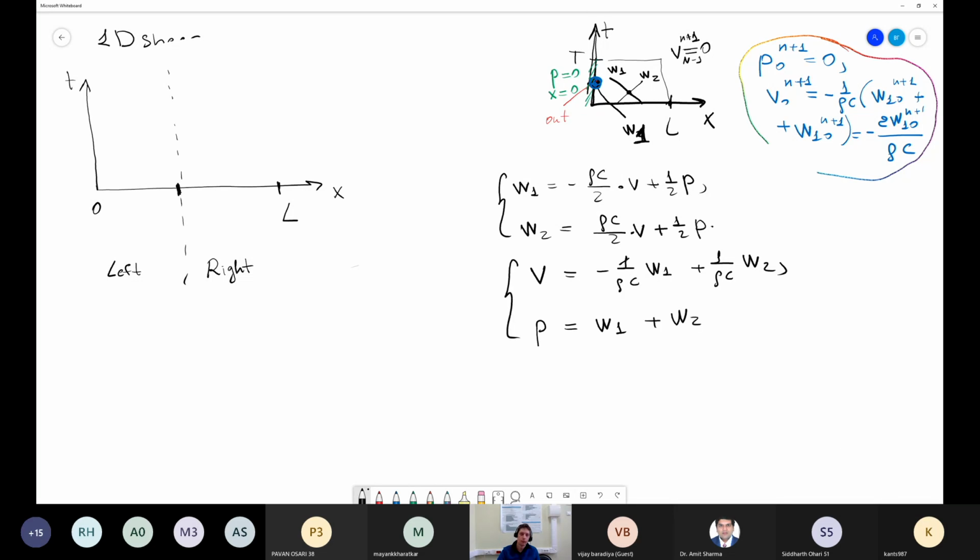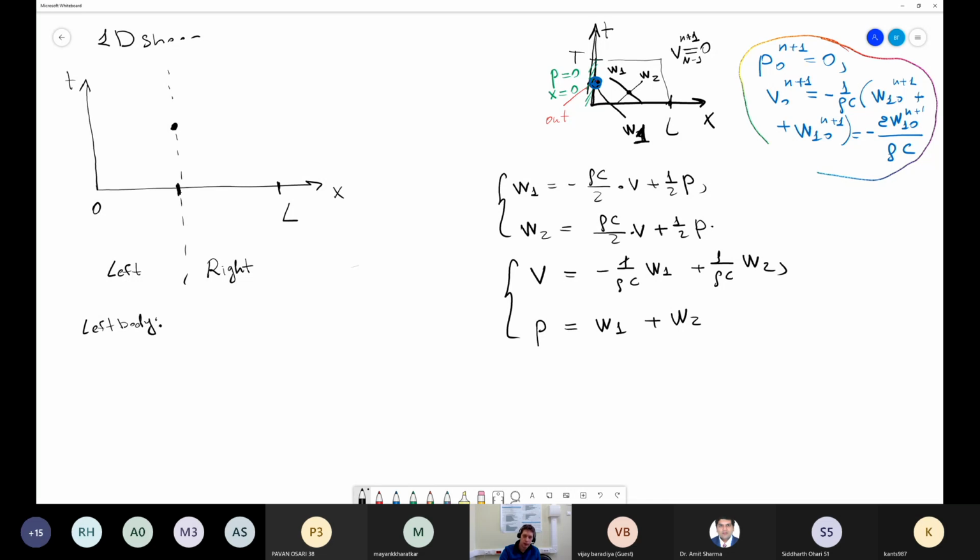So great. Let's consider the left body, and for the left body, we have a right boundary here.